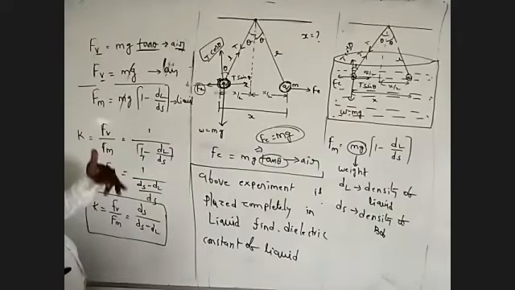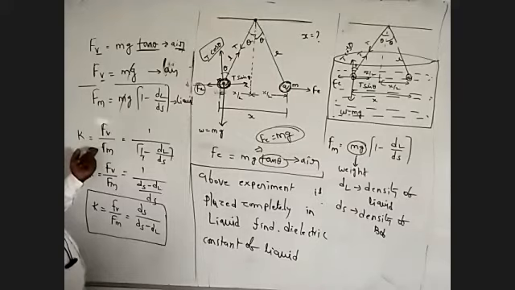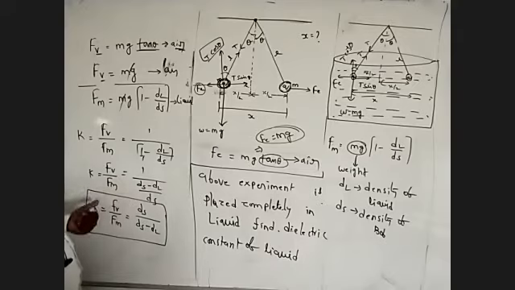Divide the two equations. Fe by Fm is the dielectric constant, also called relative density, relative permittivity, and specific inductive capacity. K is equal to Fe by Fm is equal to 1 by (1 minus dl by ds). Simplifying, K is equal to ds by ds minus dl. Now that is your formula.